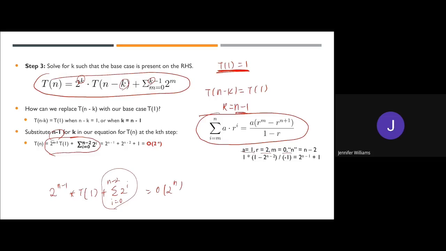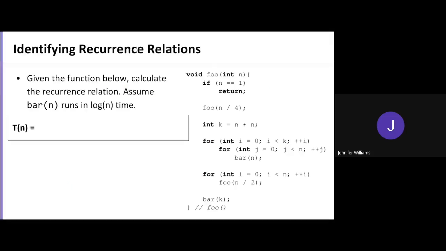Okay. So now we know that given a recurrence relation, we can identify the algorithmic complexity, right? So if we have a recursive function, and we can identify a recurrence relation out of it, then we can figure out the complexity of our function, right? So why don't you take 3 to 4 minutes to try to figure out this example.